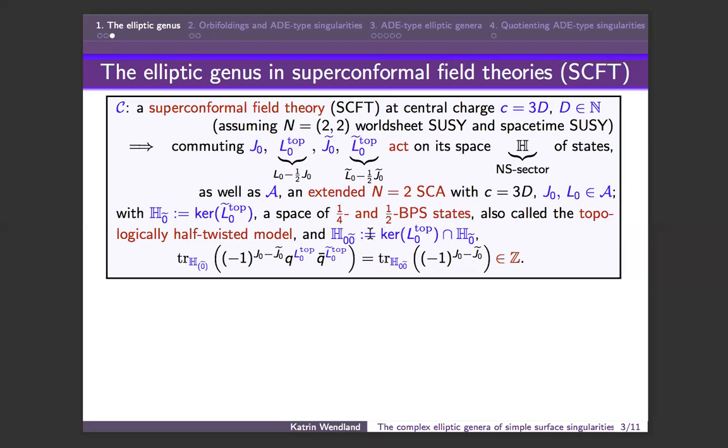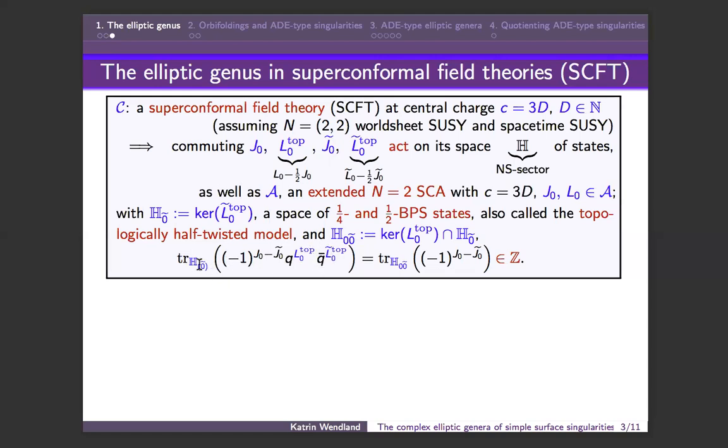So if we're interested in these spaces and in the action of the remaining three operators here, we might be interested in the dimensions of common eigenspaces. The usual way to list such dimensions is in terms of these formal power series. This looks awfully like a partition function, not quite because of the signs, but the signs are very relevant here. So definitely this is a quantity that we might be interested in considering.